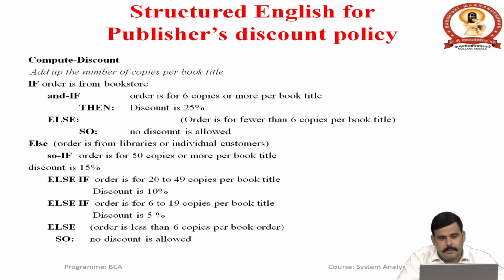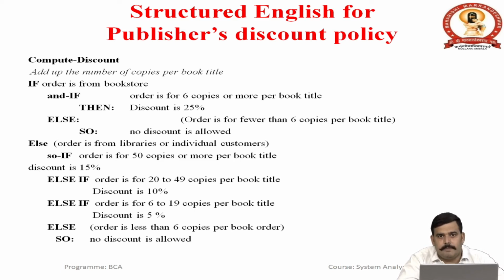So, that is the publisher's discount policy statement in the example which we have covered through the decision tree. Now we are going to create a structured English version on the basis of that publisher's discount policy. Structured English is English language-like statements, but it has conditions like if, else, then, so.